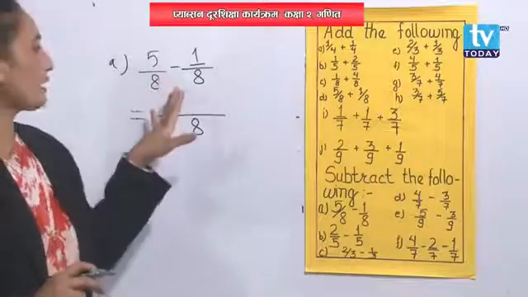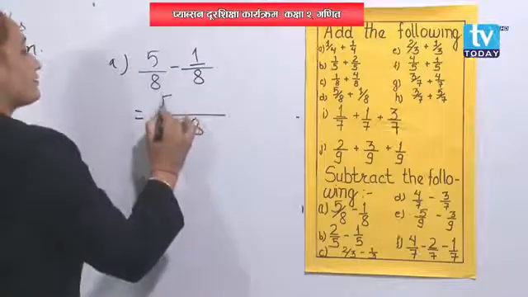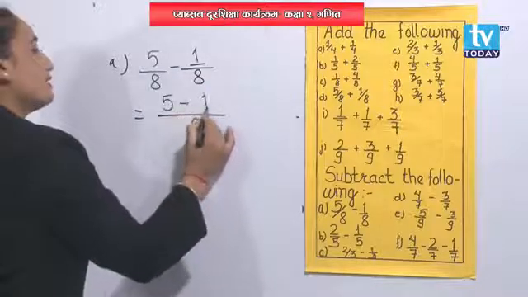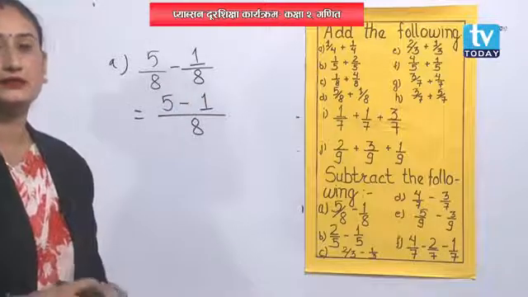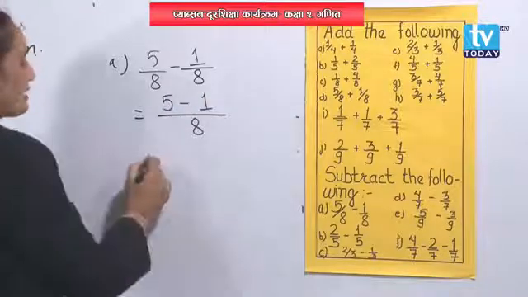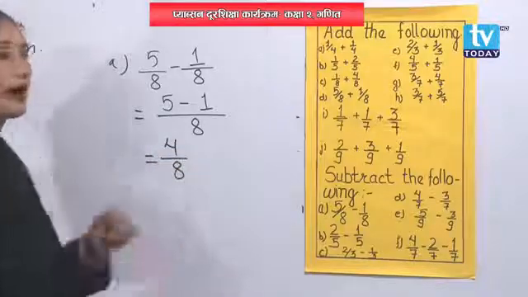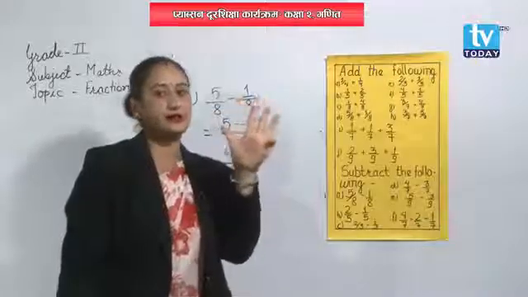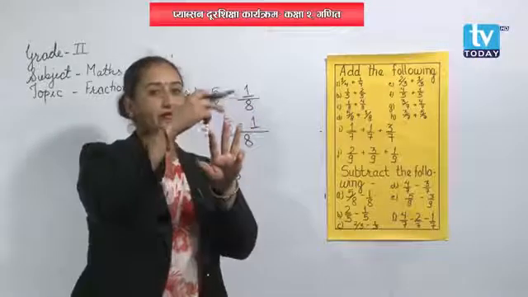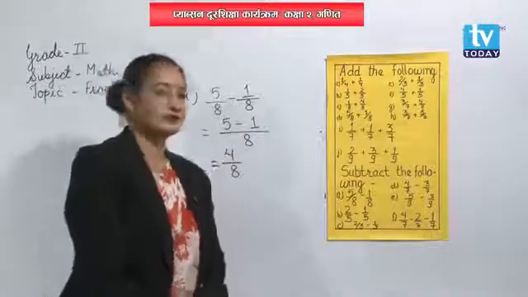Now, 5 minus 1, we have to write 5 minus 1. Can we write it? Very good. So, 5 minus 1 will be 4. Out of 5, I need to remove 1. Then how many are left? 4. You can count over here. It's 4. 4/8. Do you understand?